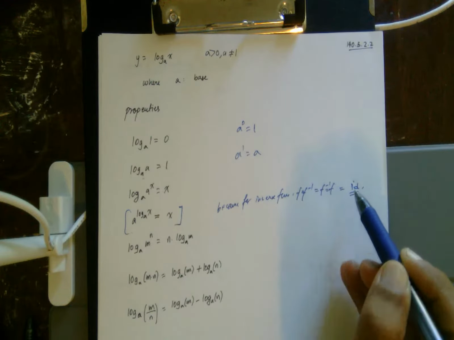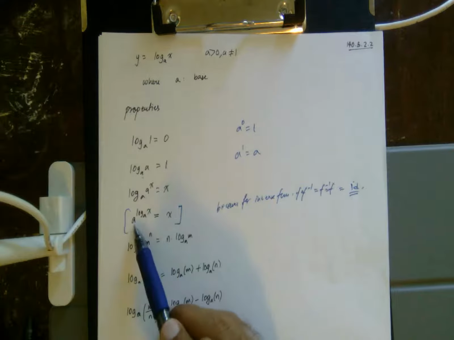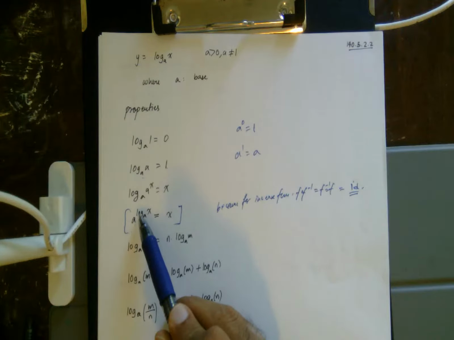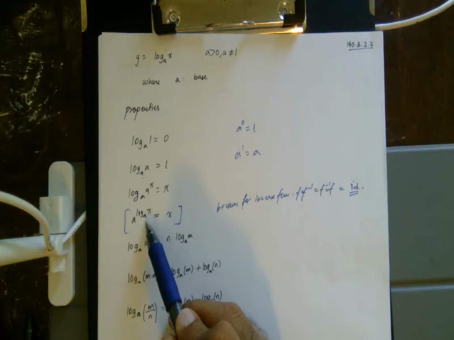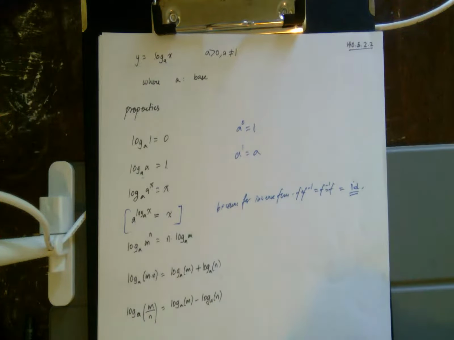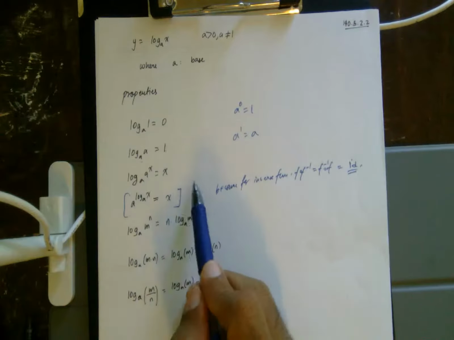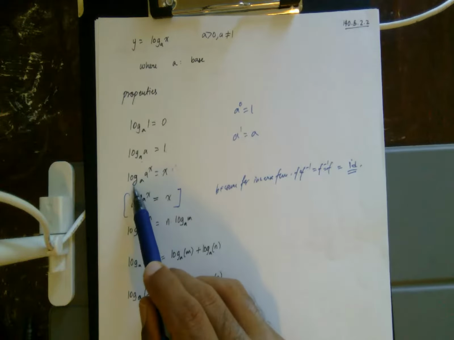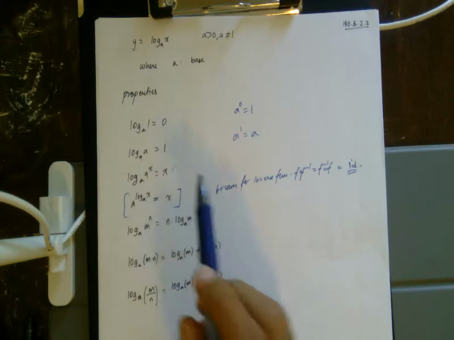Or gives you back x. They cancel each other out. Here, this is the exponential function of a, and then you're applying log base a, so you get back x. And the same reason for this one here: you're applying log and then exponential, so you get back x.